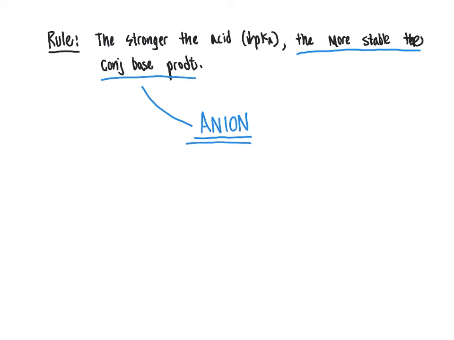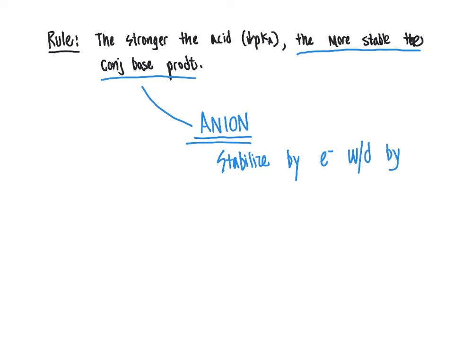And so how do we stabilize an anion? The way that we stabilize an anion is by having groups that are electron withdrawing by resonance or induction.